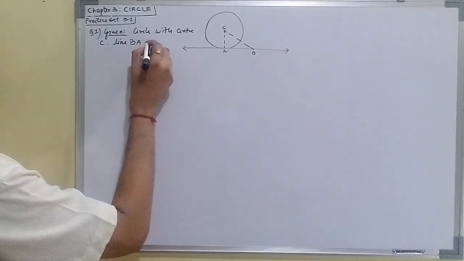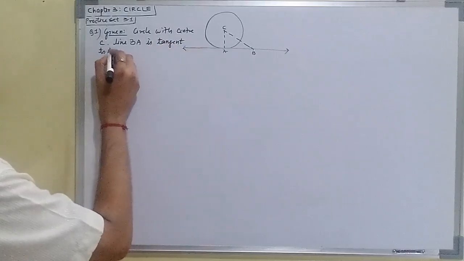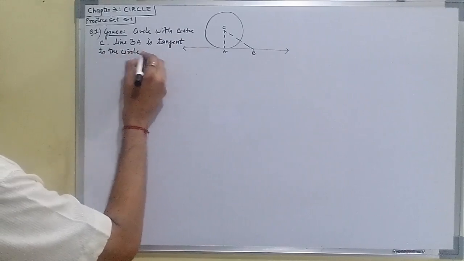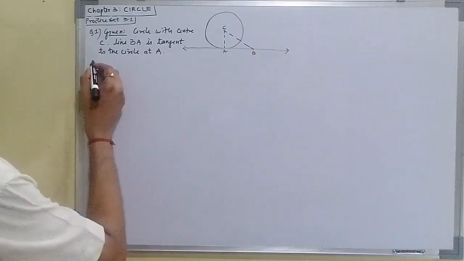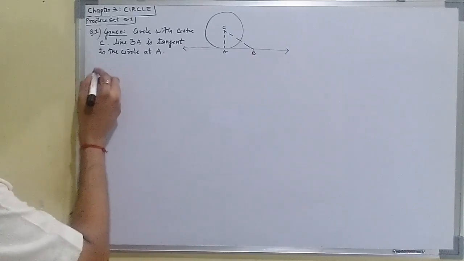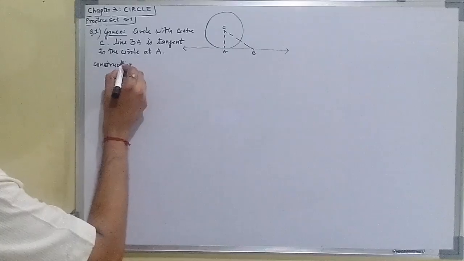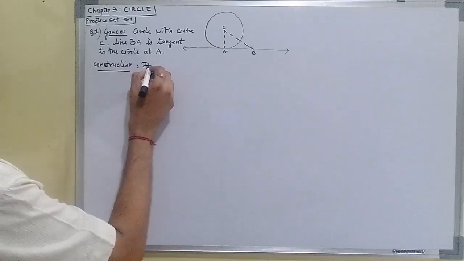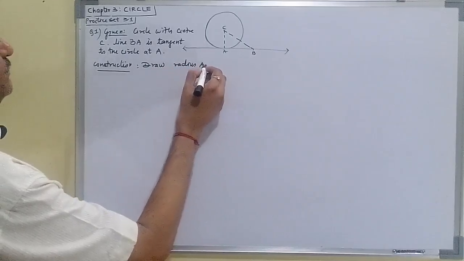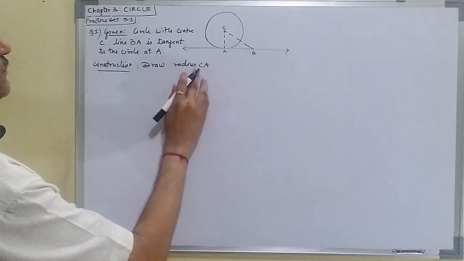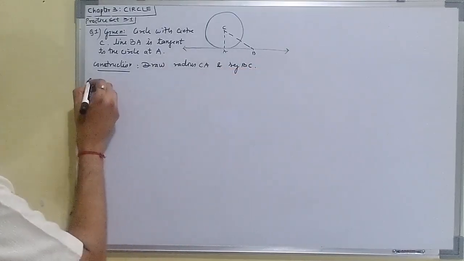Line BA is tangent to the circle at A. So now construction लिख दो. So this is the question. Draw radius AC of CA and join BC.